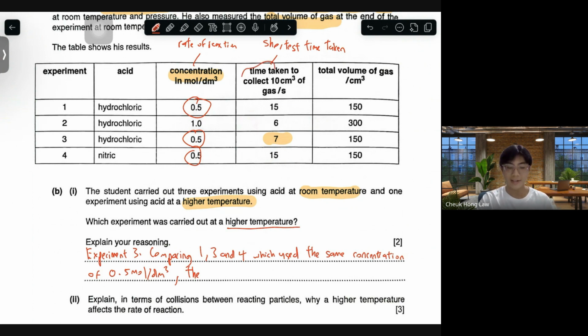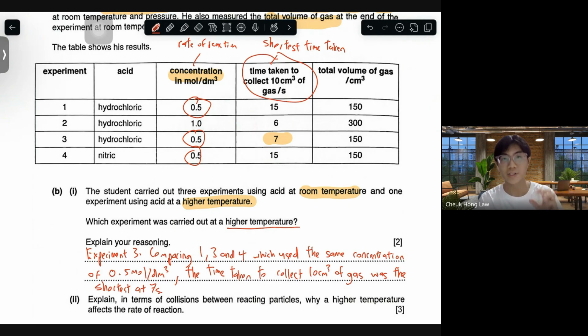I use exactly what they give me in the table: the time taken to collect 10 cm³ of gas. This is actually the rate of reaction, so you don't always have to use the words rate of reaction. Sometimes you have to use what the question gives you. Time taken to collect gas is a form of measuring rate of reaction, and the shortest time is the fastest rate.